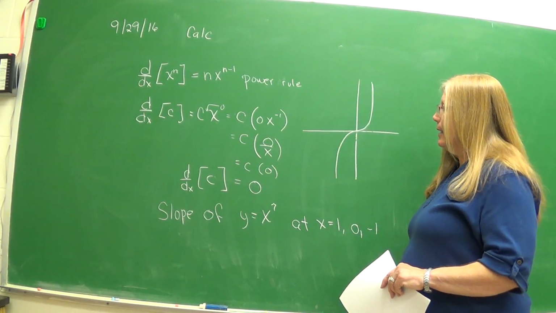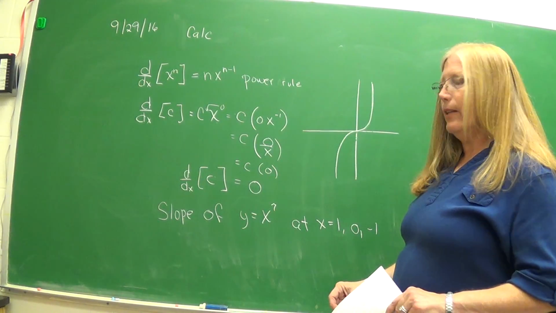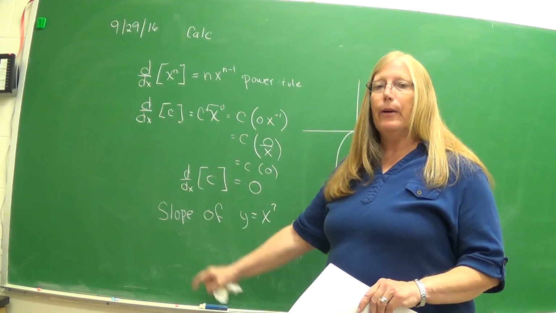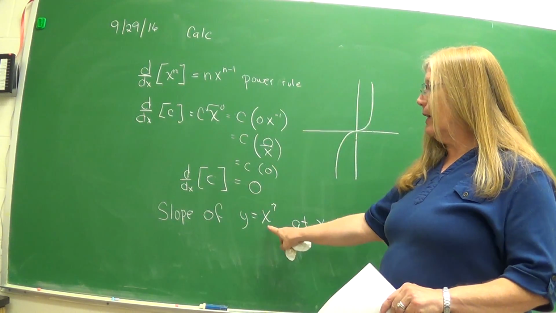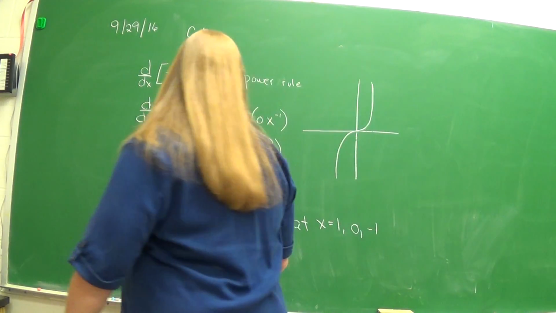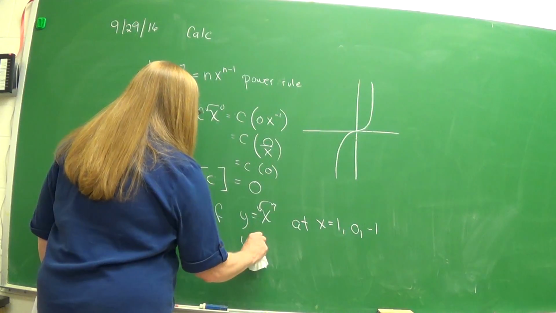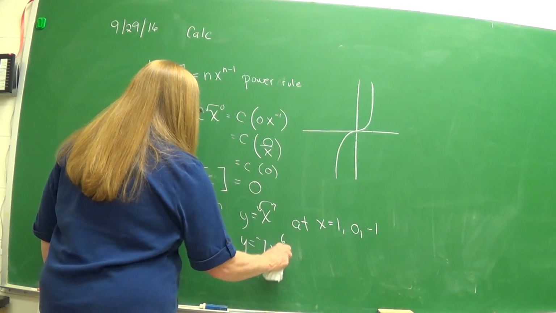So what's the slope of this at x equals 1? To figure that out, whenever you see slope, you think derivative. So let's find the derivative the quick way, y equals x to the 7th. The 7 runs down in front and the exponent reduces by 1.